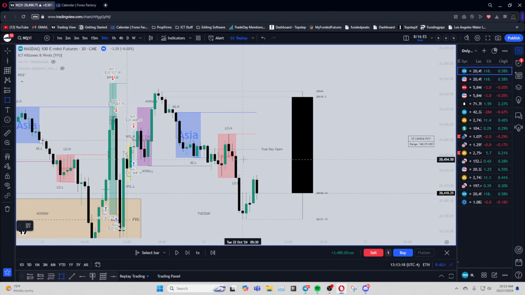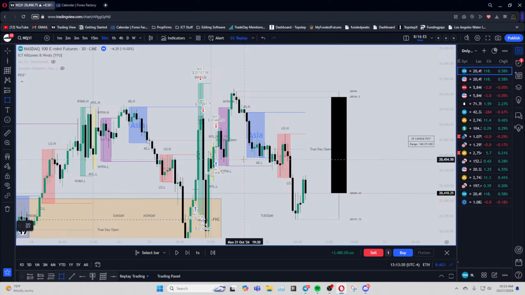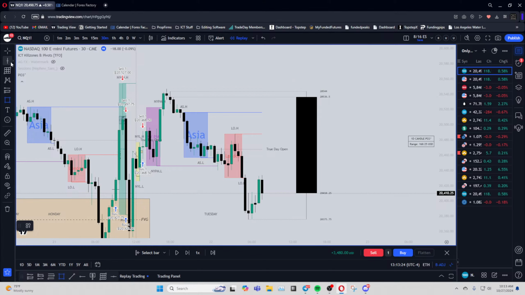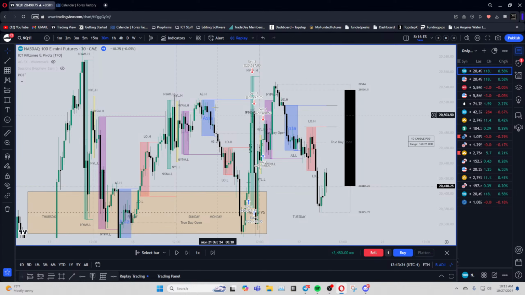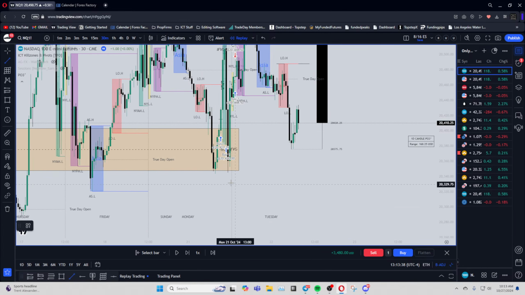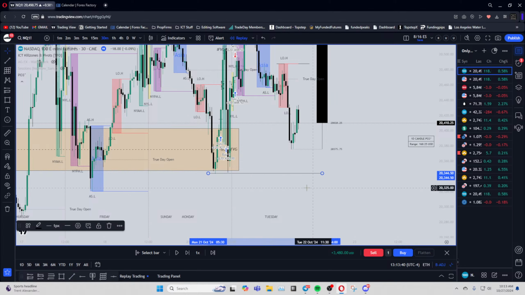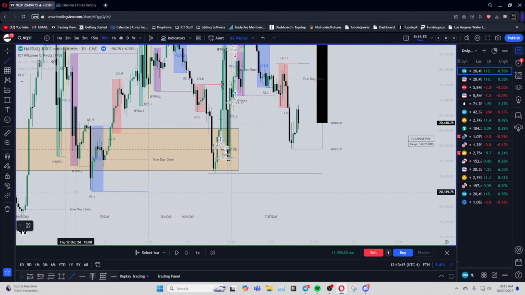Okay, so far our development is... We left Asia open over here. We have Asia, London open. But you have to consider we're also coming off of a Friday high sweep. And then we have these lows and these lows.